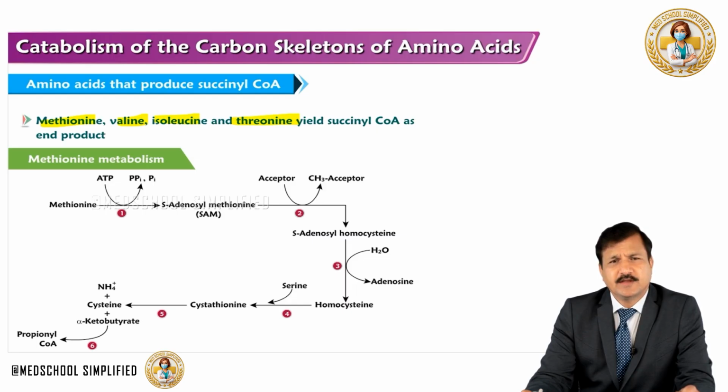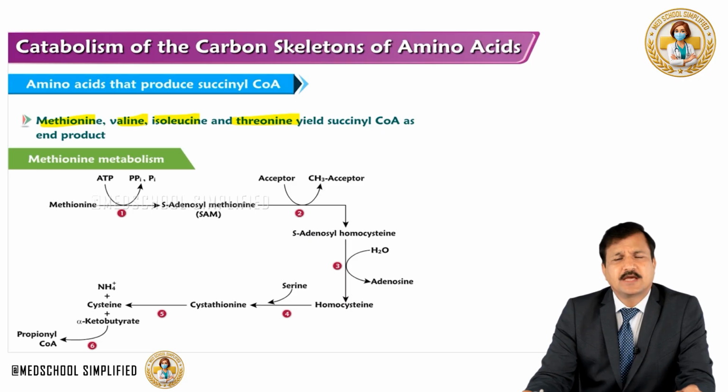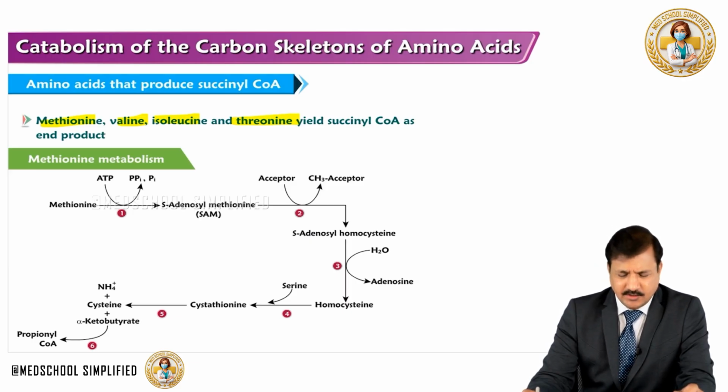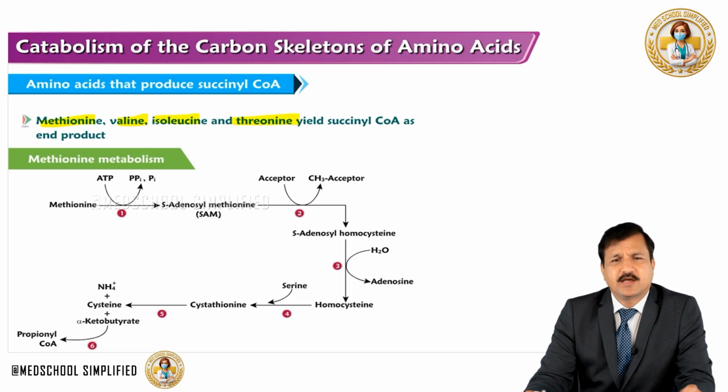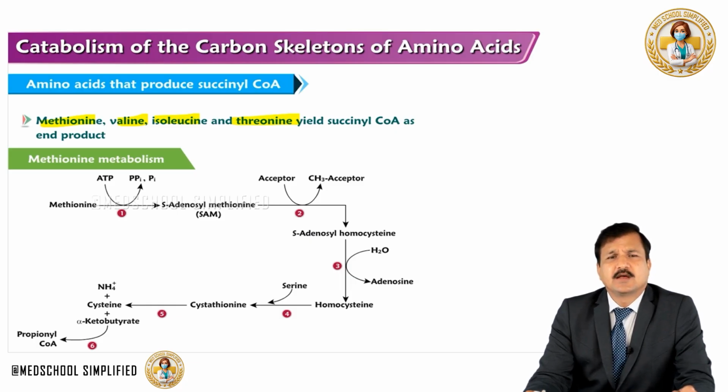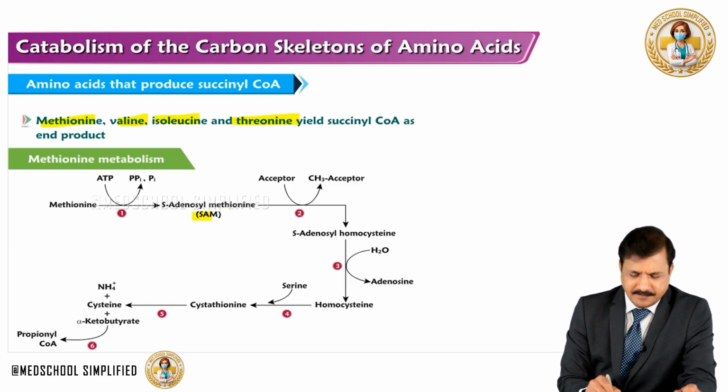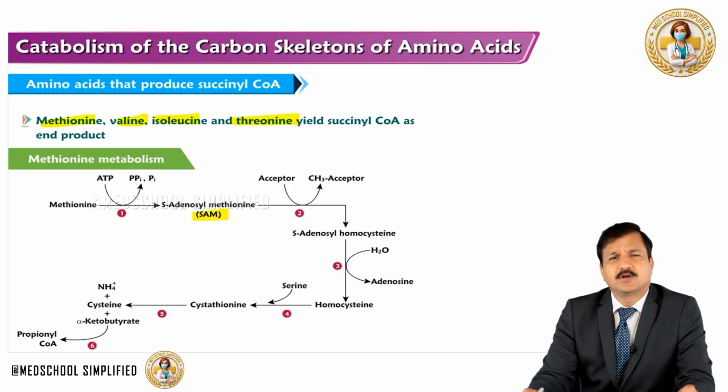As shown here in the figure, methionine is converted into S-adenosyl-methionine using ATP, and S-adenosyl-methionine undergoes methylation reactions where a methyl group is donated to a variety of methyl group acceptors. S-adenosyl-methionine, that is SAM, is used as a methyl group donor in these methylation processes.